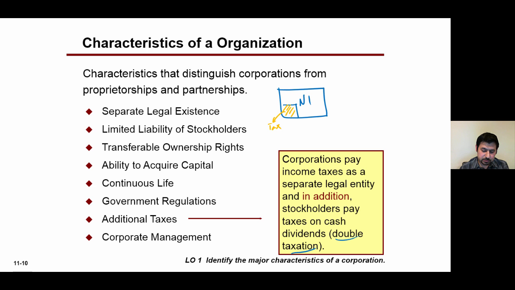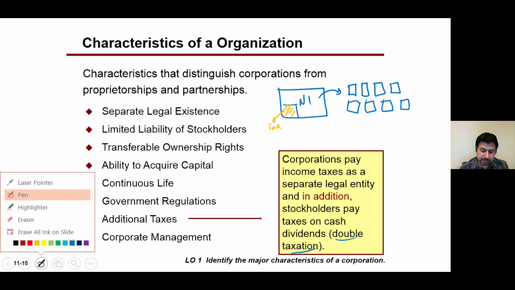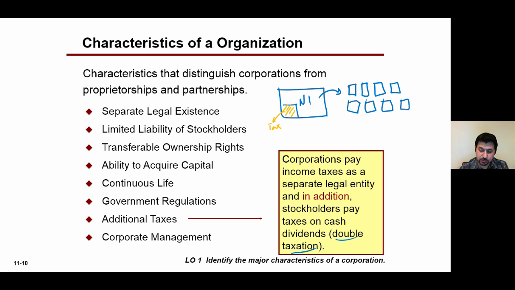Now the remaining part, let's say that it was distributed to shareholders in the form of dividend, and at this point each shareholder will also have to pay. This is considered net income for shareholders, and as a result they will also have to pay income tax on their personal income, and this one again will be paid. This is why it was taxed once and twice. This is what we mean by double taxation.